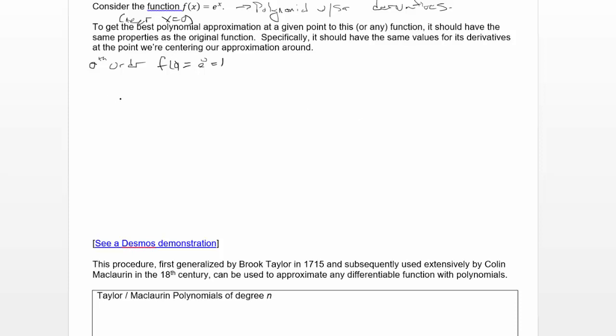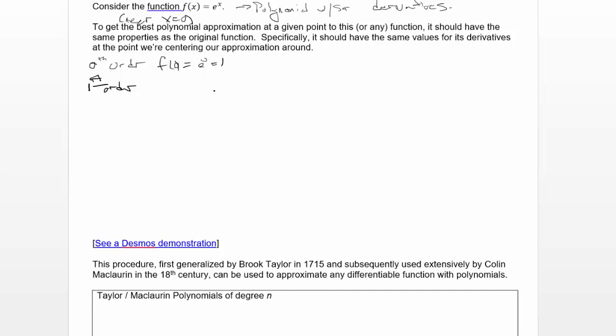We can do better. Let's get a first order approximation. Meaning we'll have the value of the function at 0 be the same as our original, and also the value of the first derivative of our polynomial to be the same. So I'm thinking we'll build a polynomial that looks something like this.